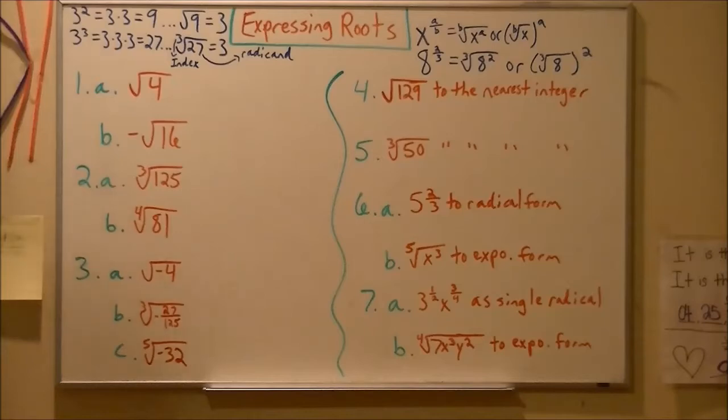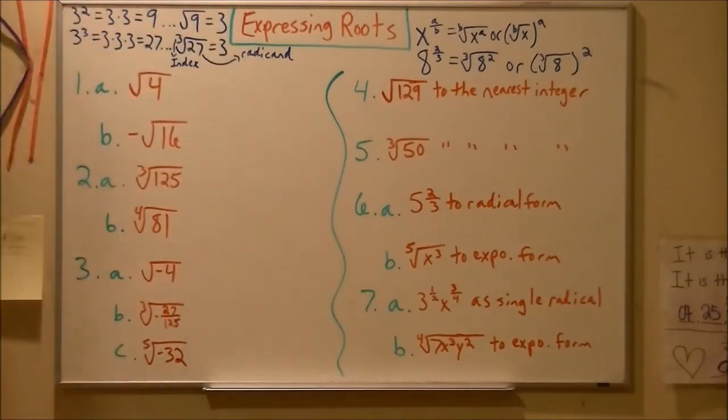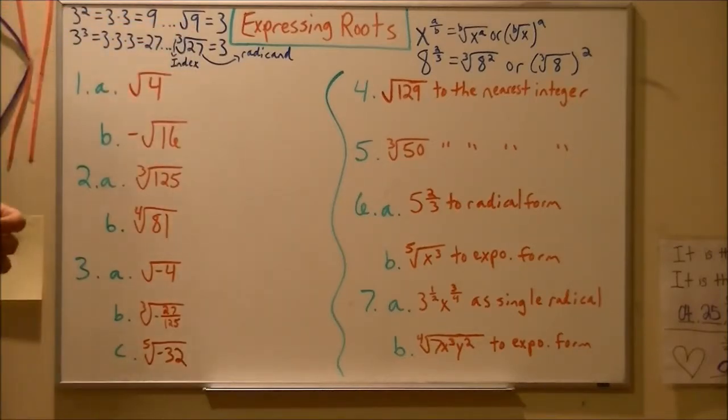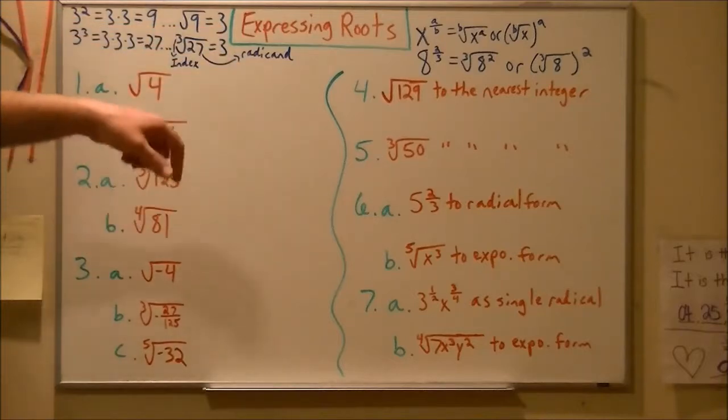Why is that significant in relation to square roots? Because the square root of 9 is 3. And the reason for that is, what number times itself gets you back to that original number underneath that square root symbol? And that number is 3, because 3 times 3 is 9, therefore the square root of 9 is 3.